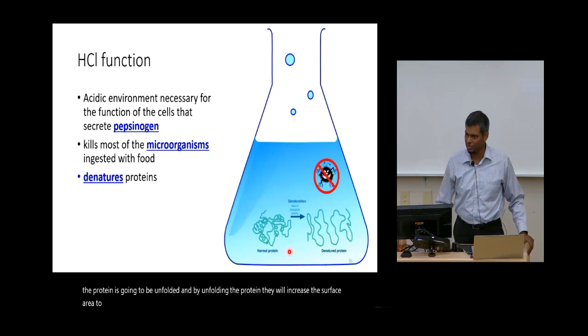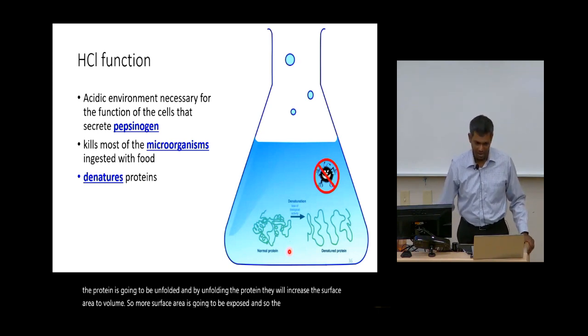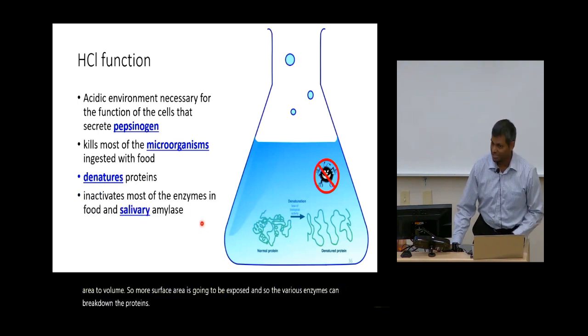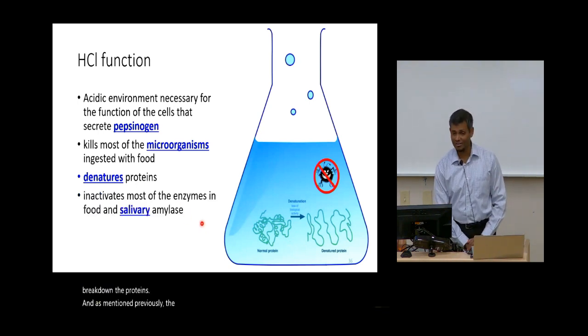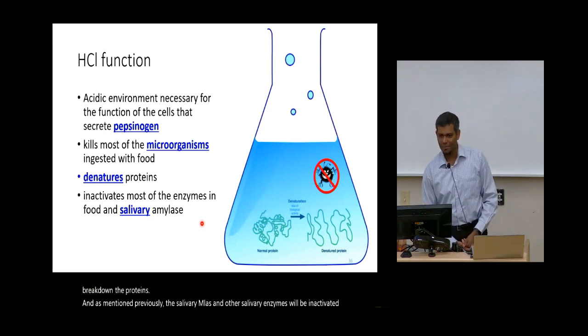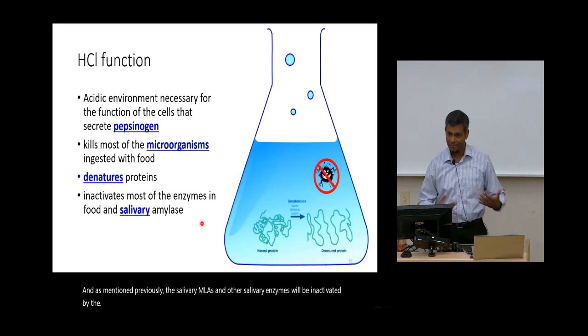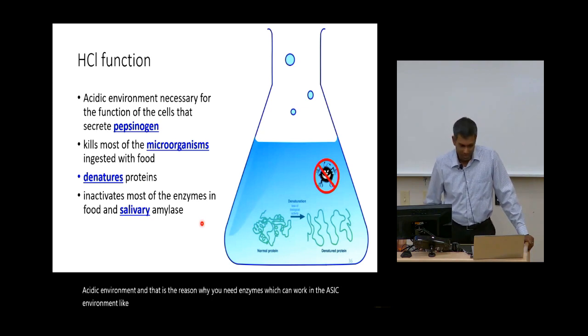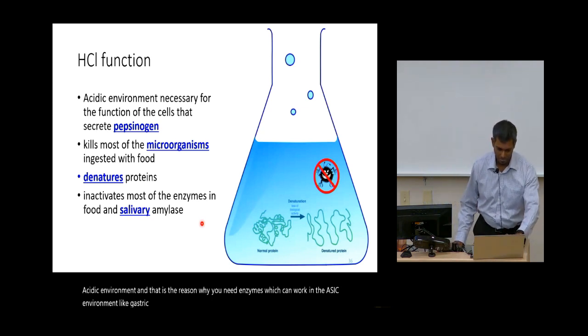So more surface area is going to be exposed, and so the various enzymes can break down the proteins. And as mentioned previously, the salivary amylase and other salivary enzymes will be inactivated by the acidic environment, and that is the reason why you need enzymes which can work in the acidic environment, like gastric lipase.